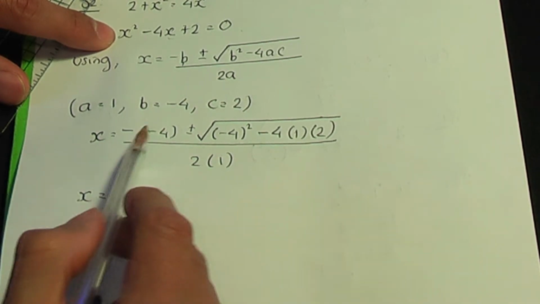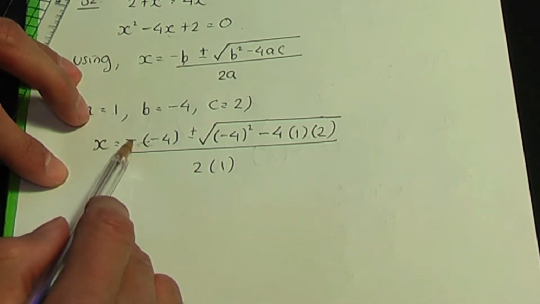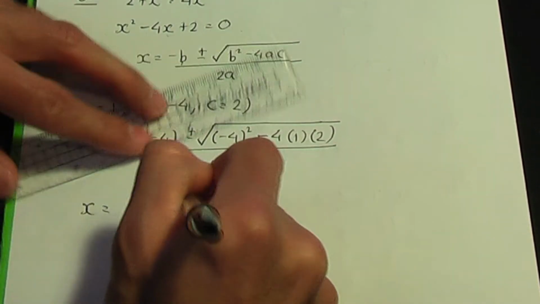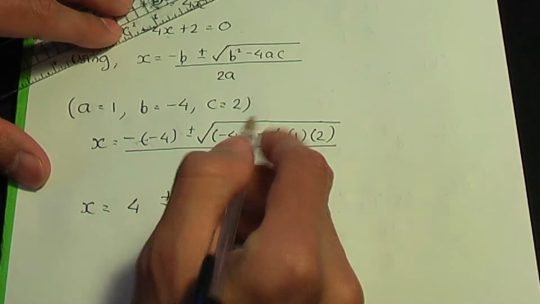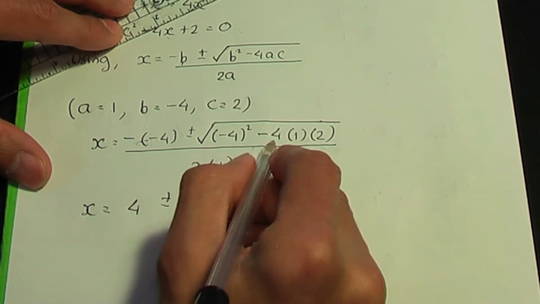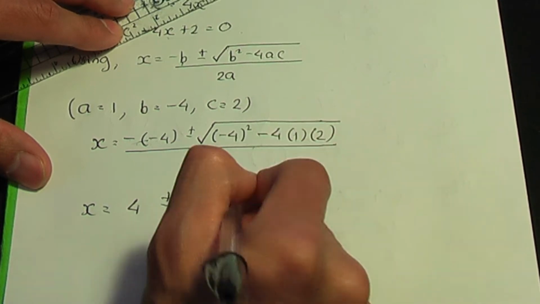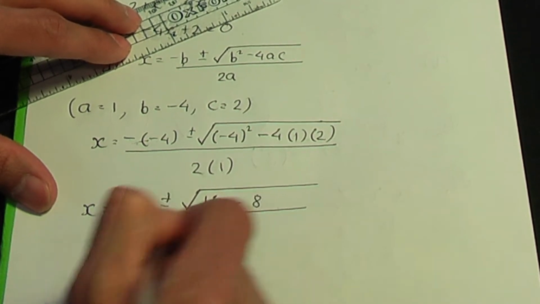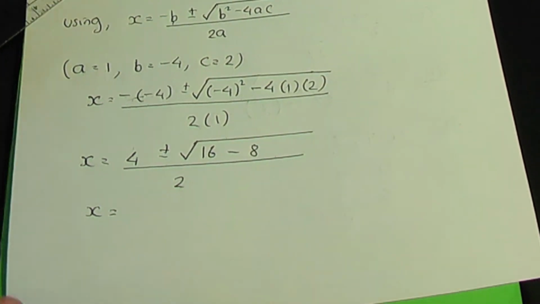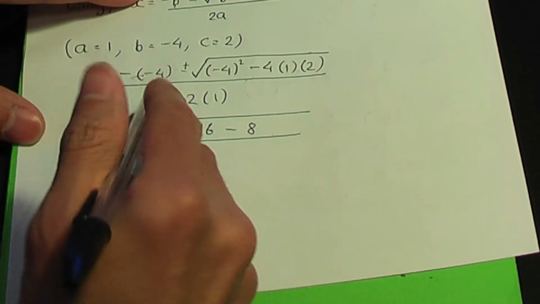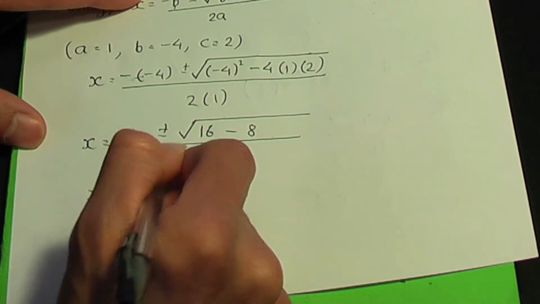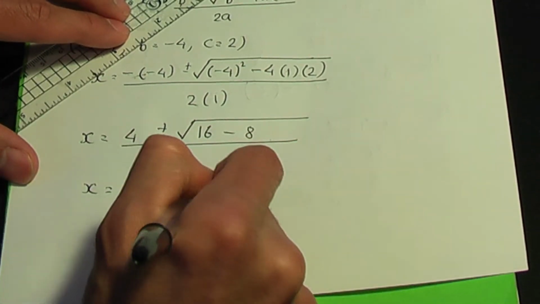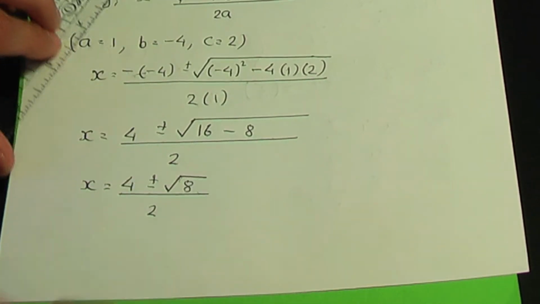If we expand, minus into minus 4 is plus 4, plus or minus the square root of minus 4 squared, which is 16, minus 4 times 1 times 2, which is minus 8, divided by 2 into 1, which is 2. If I simplify further, x is 4 plus or minus the square root of 16 minus 8, which is 8, divided by 2.